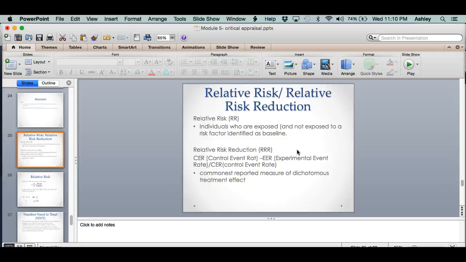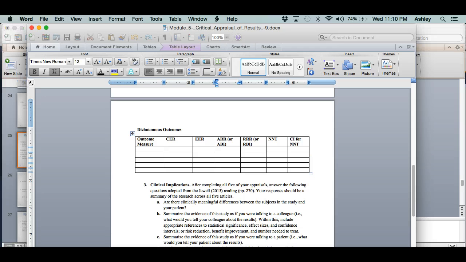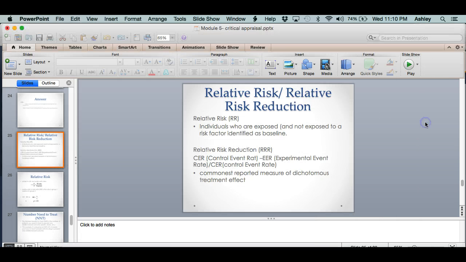Now, relative risk or relative risk reduction. That's this. We know what relative risk is: individuals who are exposed and not exposed to a risk factor that are identified at baseline.